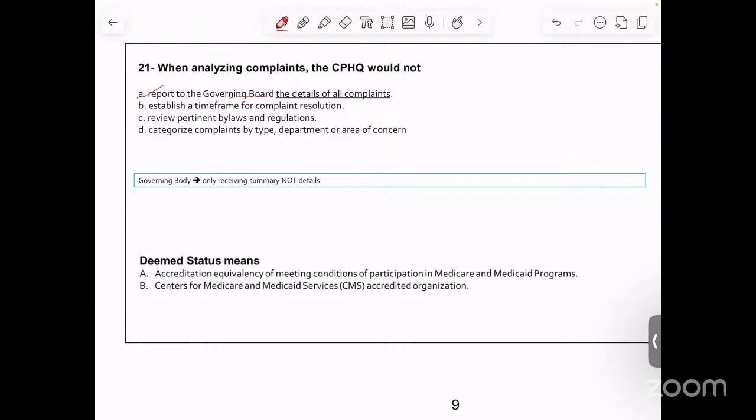Letter D is also correct. Categorizing the complaints helps identify the trends and areas for improvement. So letter A is the correct answer. The CPHQ would not report to the governing board the details of all complaints.